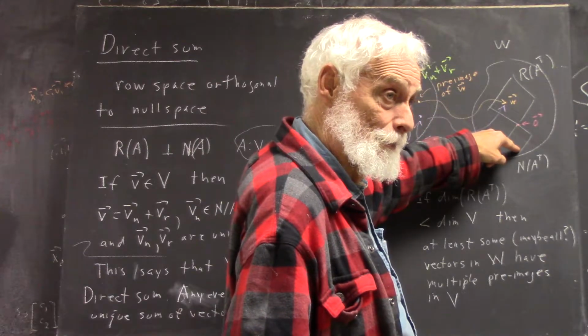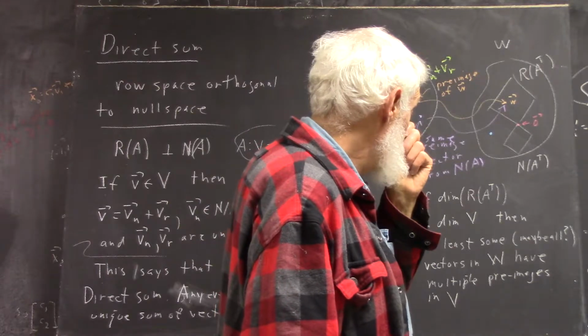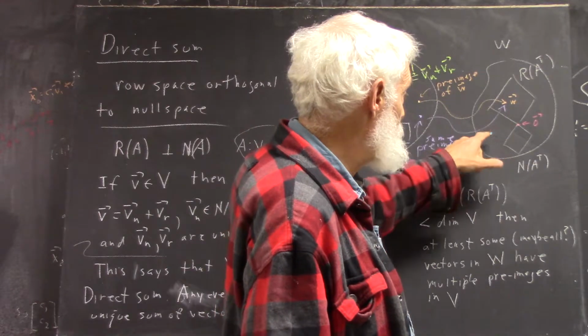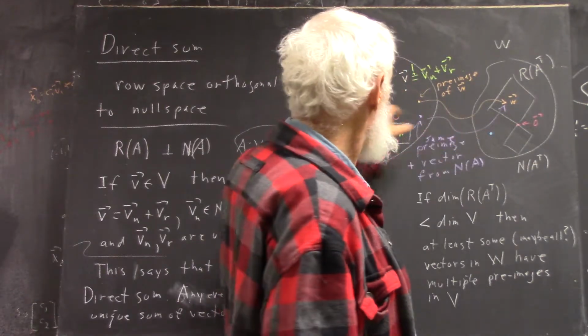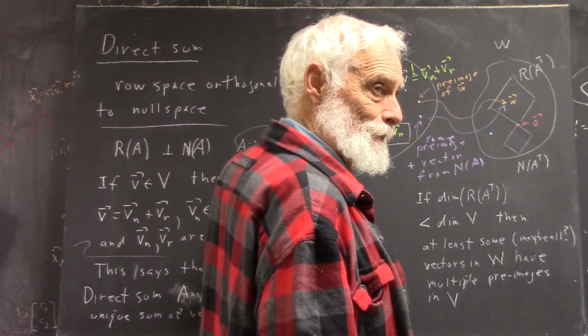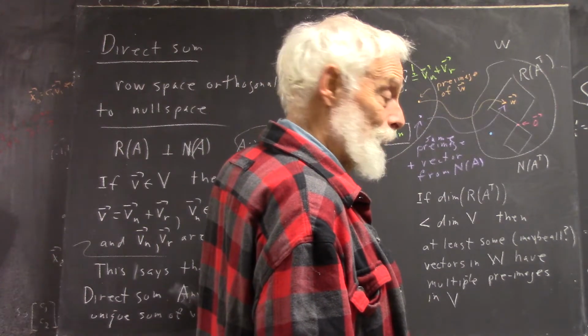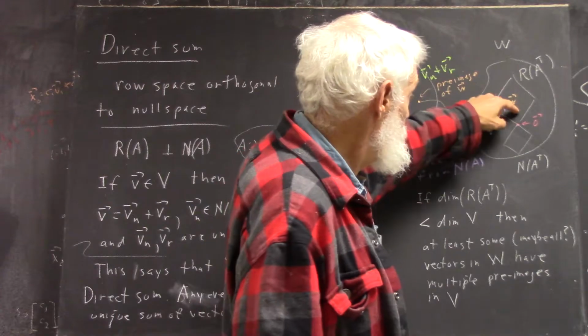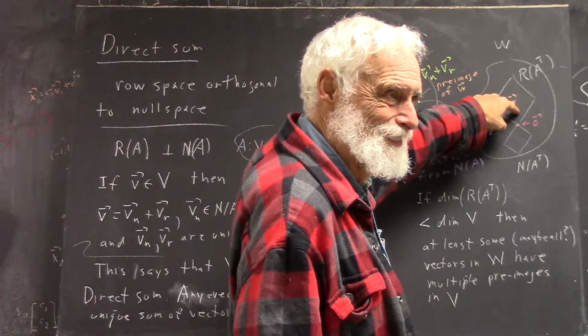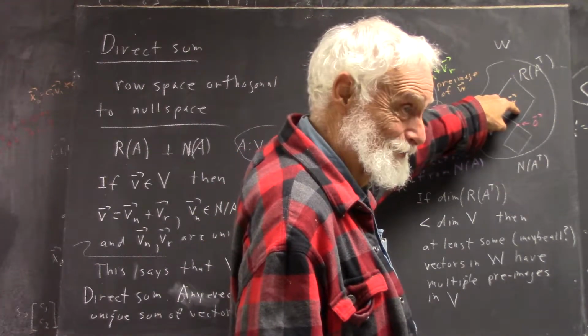Okay? So what we want to do is match up this vector with the vector over here. Okay? That brings us closest to the range space. All right?